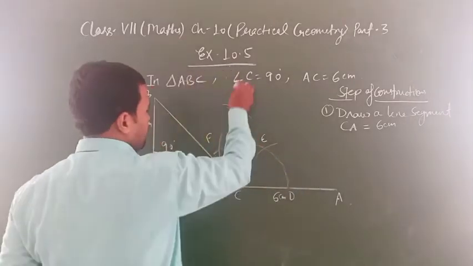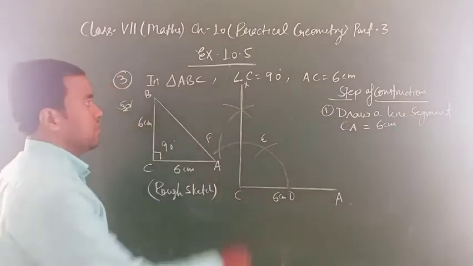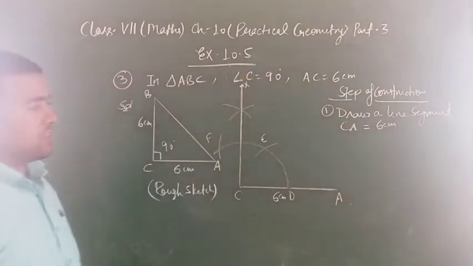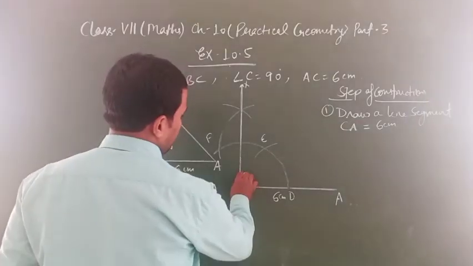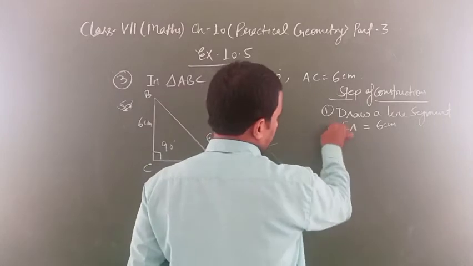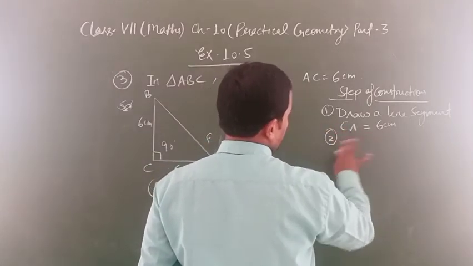Okay, this ray name is CX. Clear? It is 90 degree. So we will write here: construct angle.